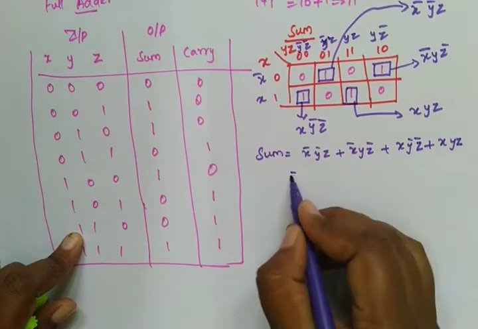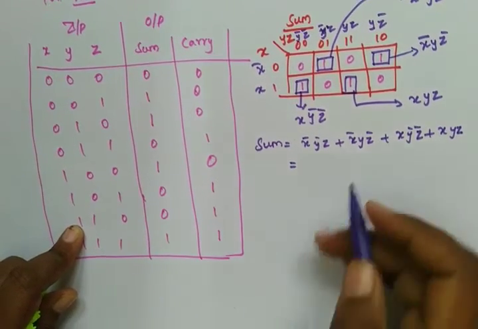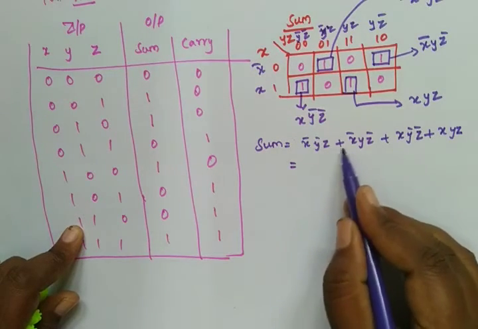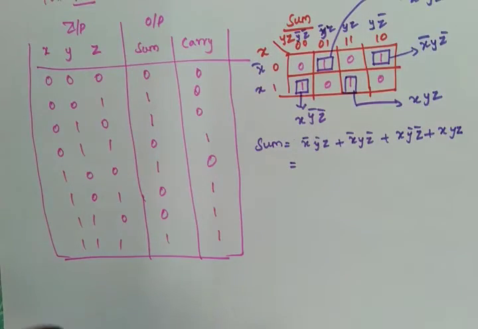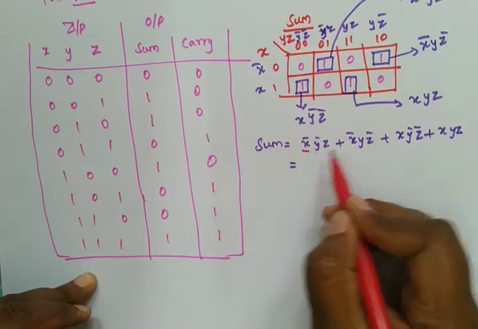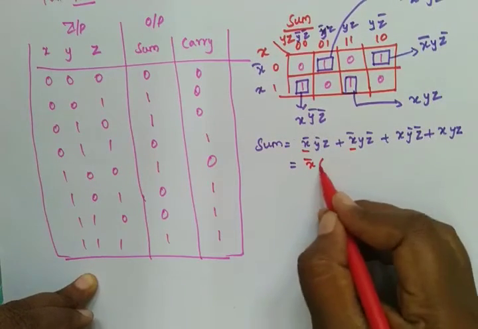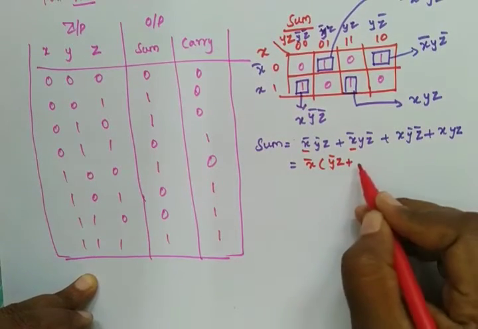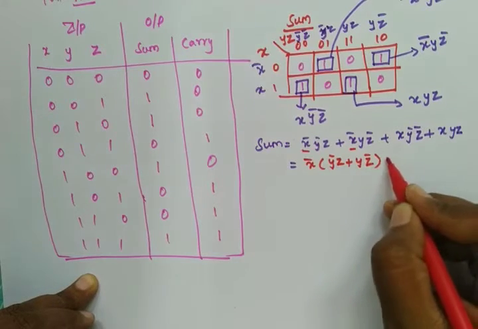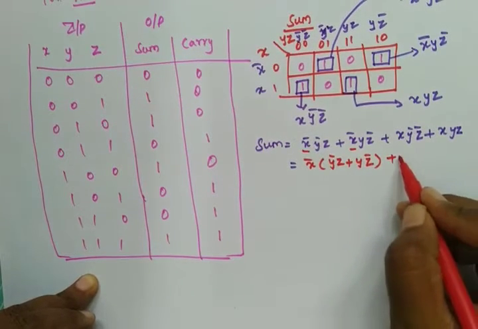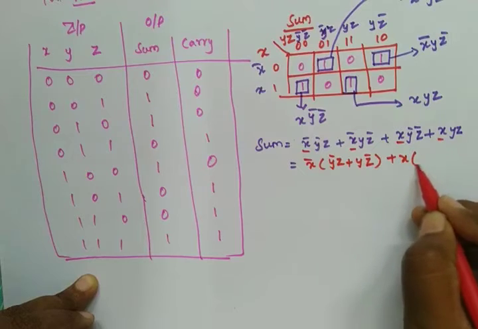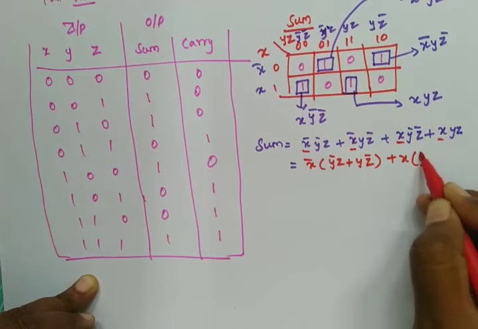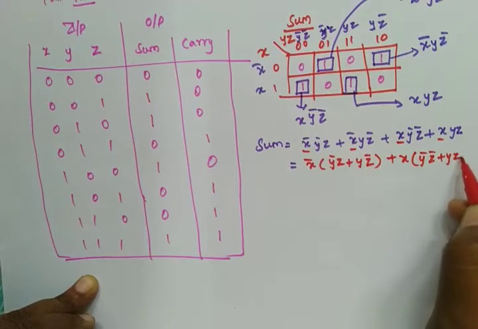Now we have to minimize this expression. Take x bar common: y bar z plus y z bar. Take x common: y bar z bar plus y z.